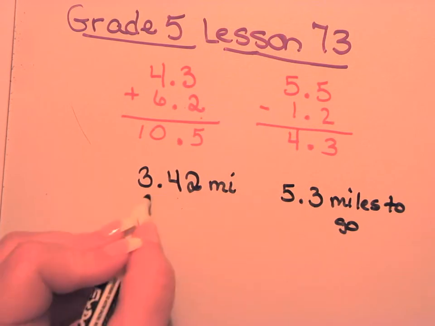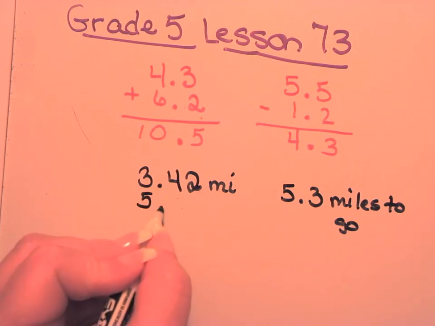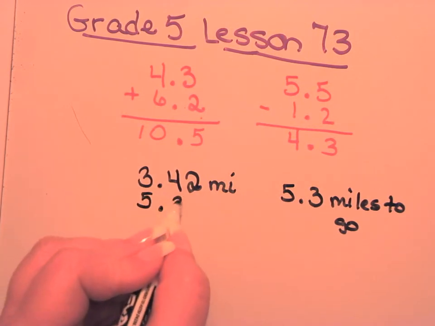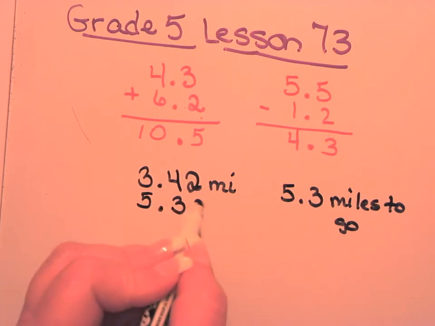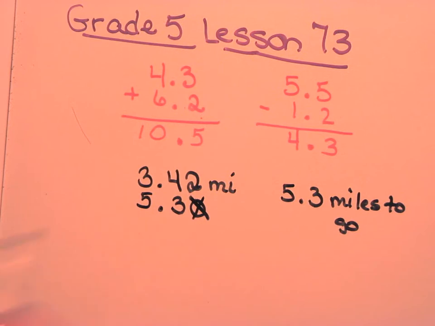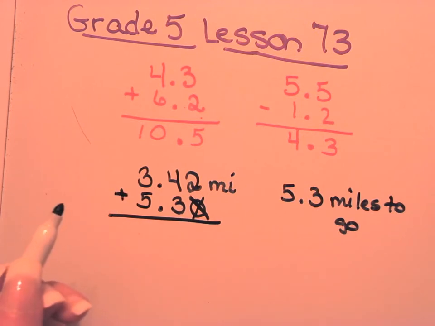So 5 is here, and then I have my decimal point, and then I have that 3 over here. Now you don't have a number there. So I like to always put that place value holder so that I don't accidentally misalign something.